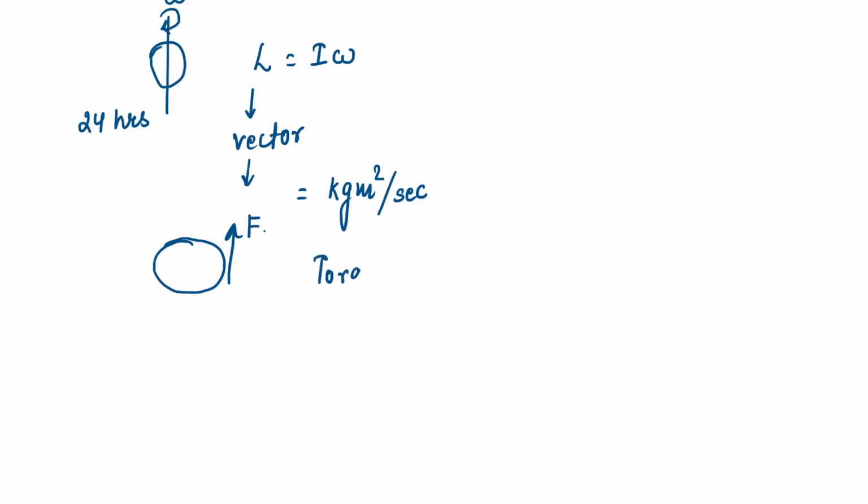Going back to linear motion, what changed your linear momentum was force, and force was defined as the rate of change of linear momentum. That's your Newton's second law as well.